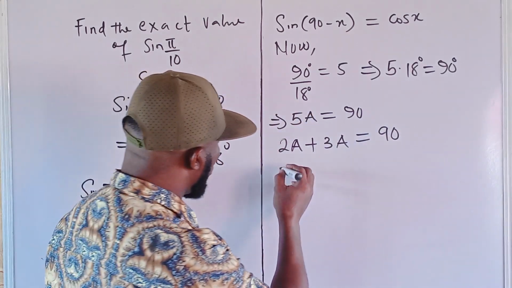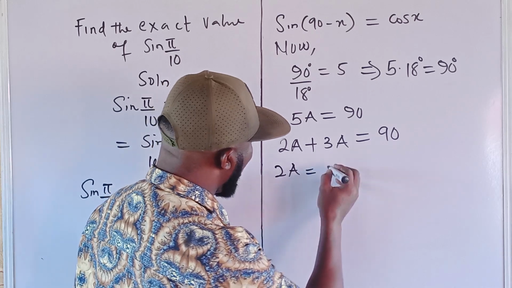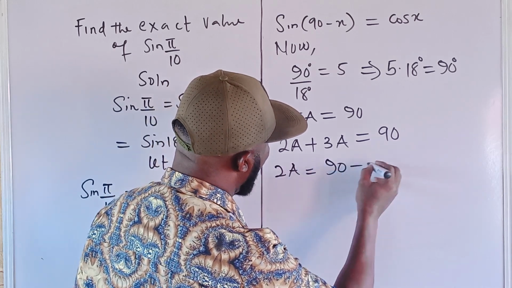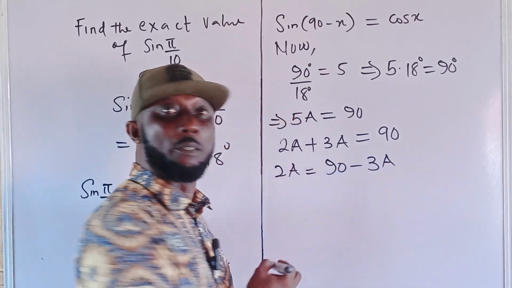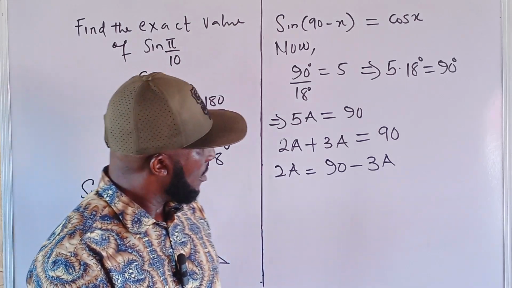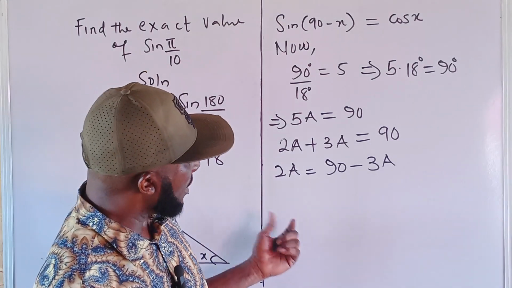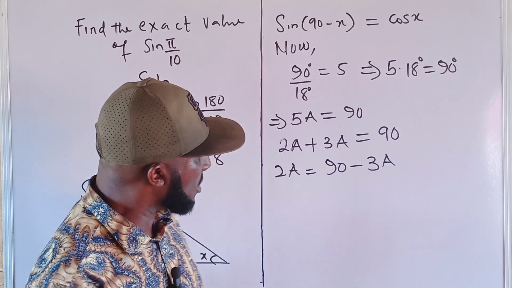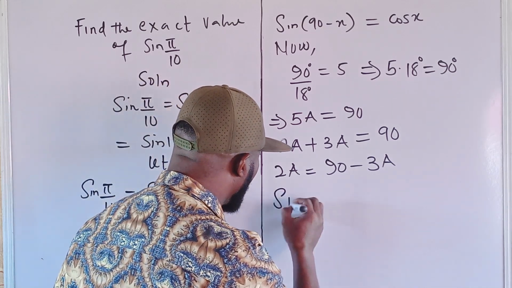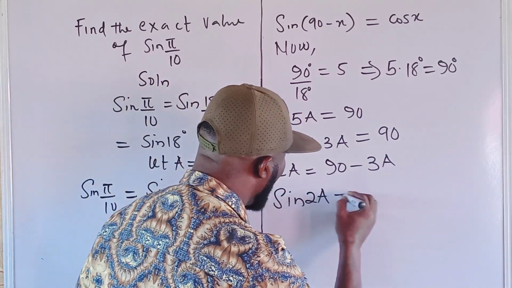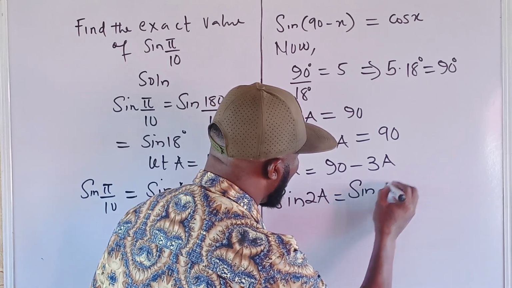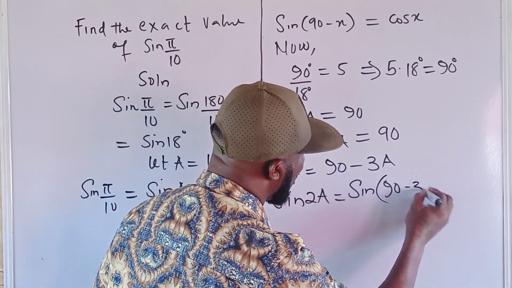If I decide to isolate 2A, I'll be having 90 minus 3A. So guys, if I decide to take the sine on both sides, I'll be having the sine of angle 2A equal to the sine of angle 90 minus 3A.